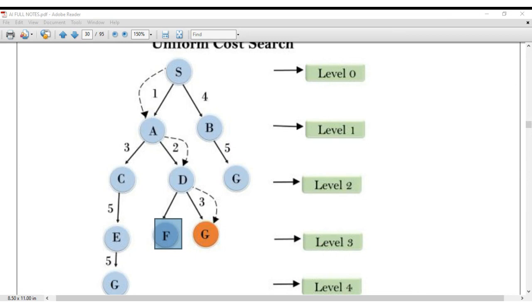So basically the uniform cost search is a search algorithm that picks the nodes that have the least path cost, and therefore it doesn't search using a direction, levels or depth, it searches using cost. The one that has the least cost is the one that is picked.